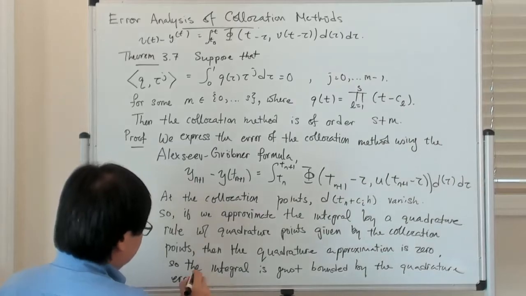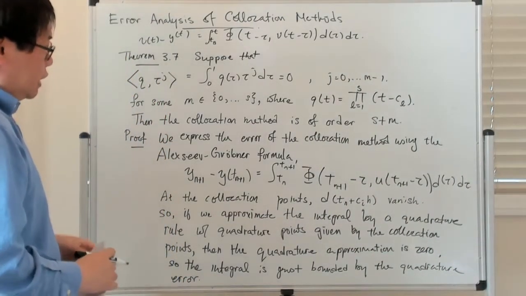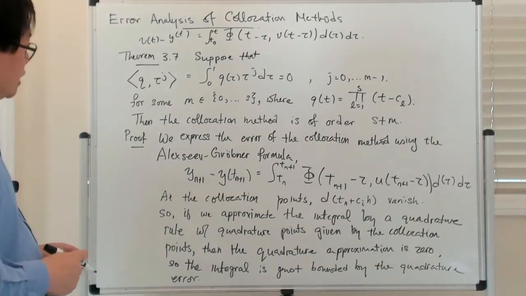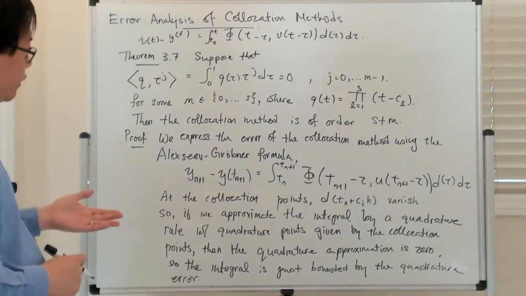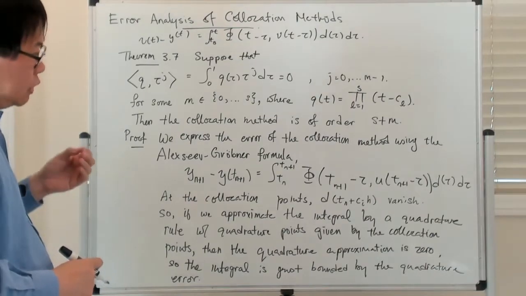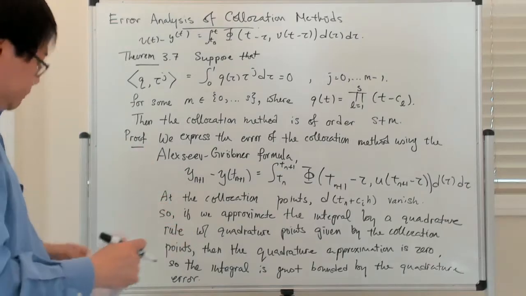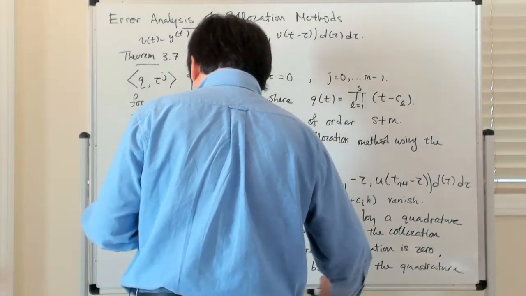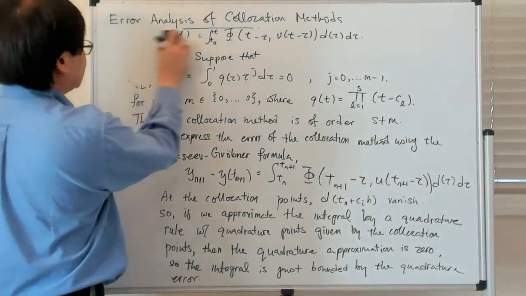Okay, and so the nice thing is that what that allows you to do in this framework is to relate the error properties of the collocation method with the error properties of the corresponding quadrature rule, where the quadrature points of that quadrature rule are the collocation points. Okay, so let's see what happens when you do that. Okay, so let me just state this.